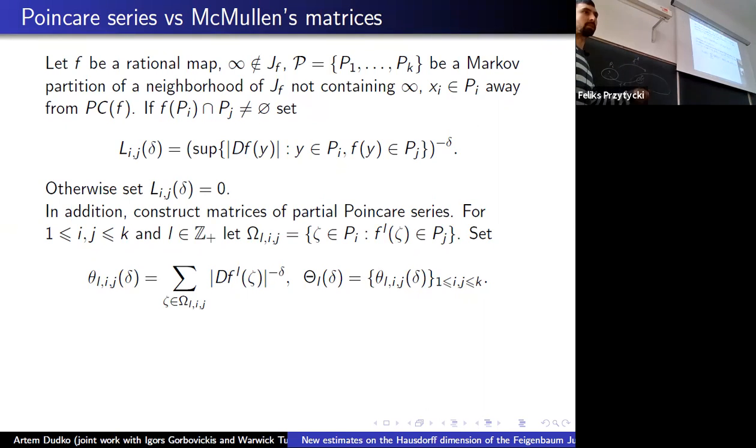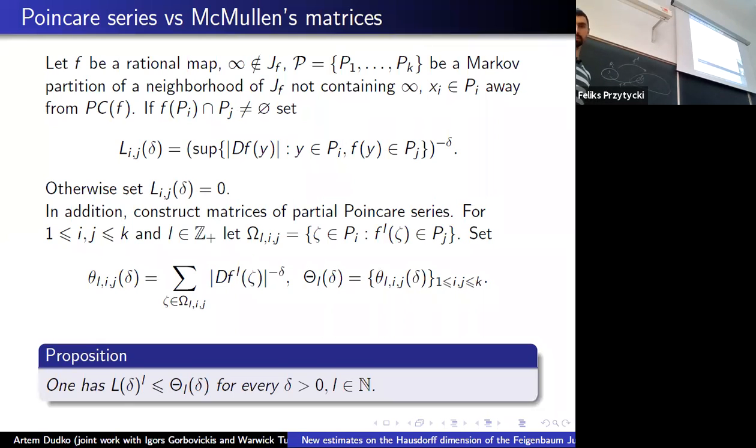It may be the original P, it may be a refined P. So for now, it can be any partition, but eventually we'll assume that it is some refinement.